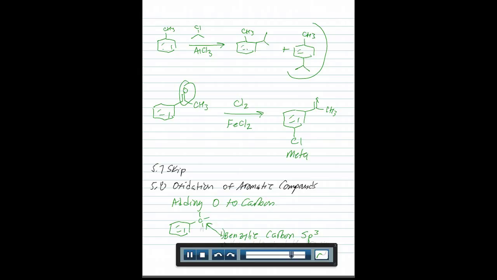And secondly, it has to have at least one hydrogen. What can happen is you can oxidize that carbon off. So you have to have those two criteria. That's kind of the generic way of showing sp3 hybridized and at least one hydrogen.